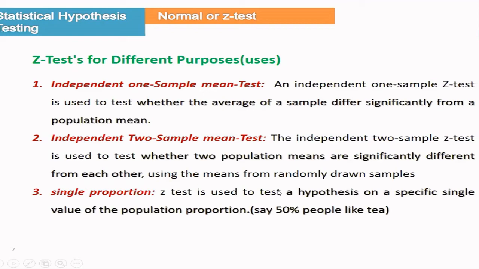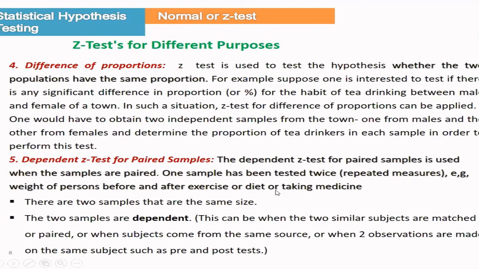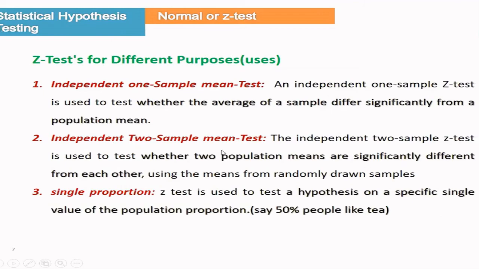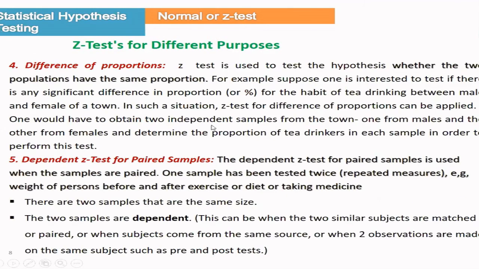This is called the single proportion test. And number 4, another one, is the difference of proportion. Similarly, like the independent two sample mean test, we can test whether the proportions of the two populations differ or not, or whether they are the same. This is called the difference of proportion for two populations. You can test it. It is written, you can try it.